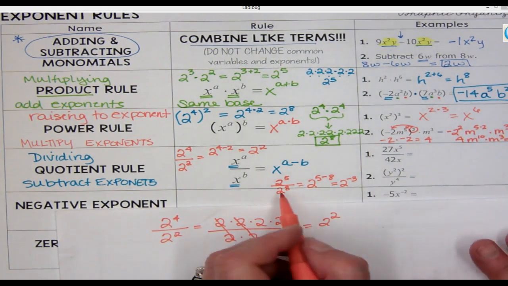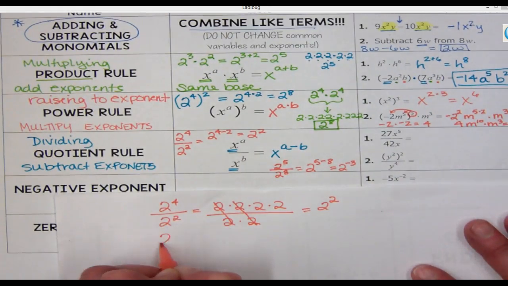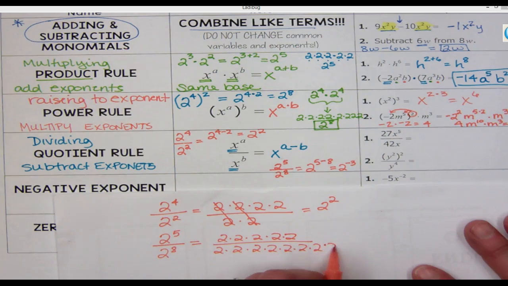But in this other example, I have 2 to the 5th divided by 2 to the 8th, that's going to be 2 times 2 times 2 times 2 times 2 over 8 twos. Oh goodness, why did I pick 8? 1, 2, 3, 4, 5, 6, 7, 8.